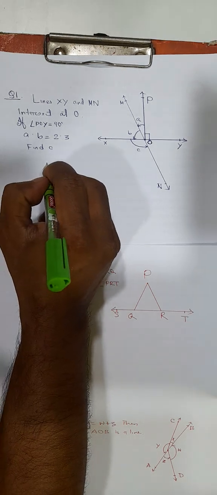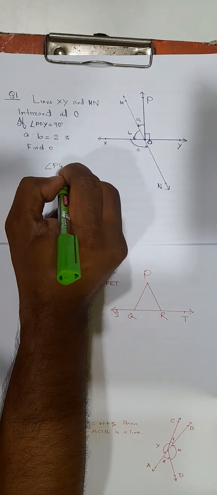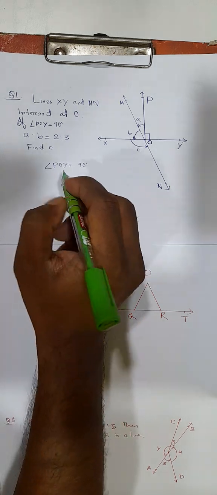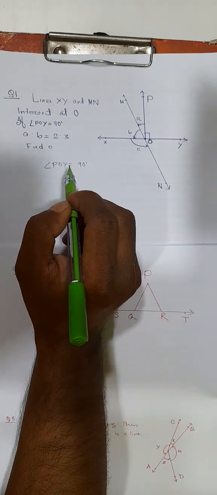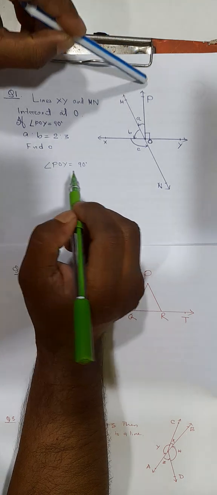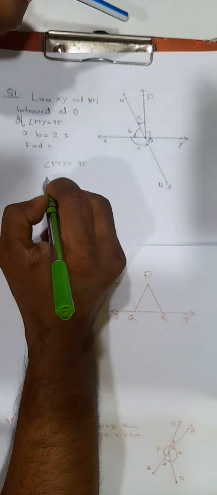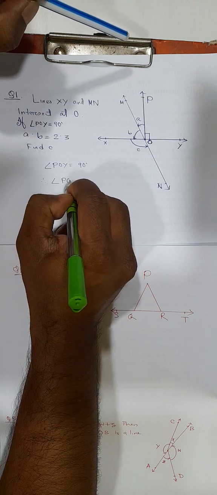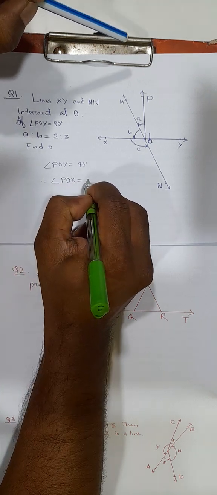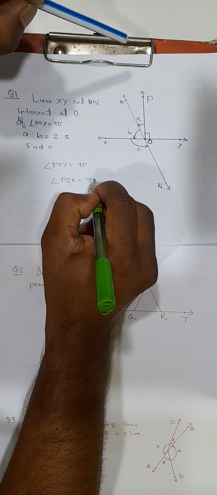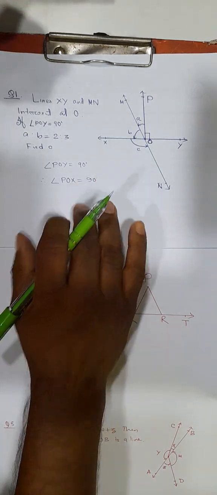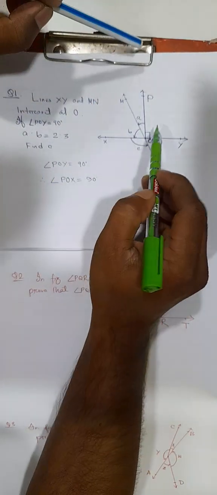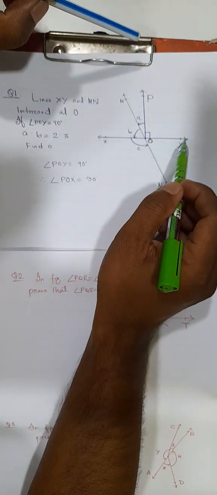It is given that angle POY equals 90 degrees. It's a right angle. Therefore angle POX is also 90 degrees. Why is it 90 degrees?